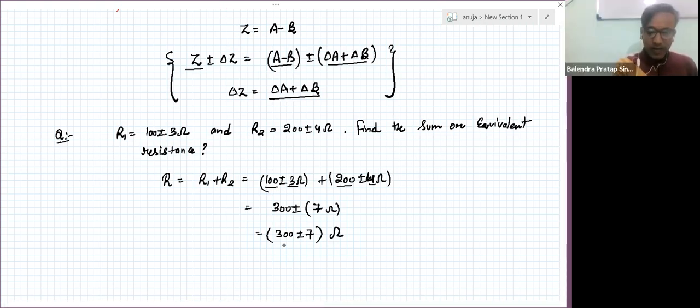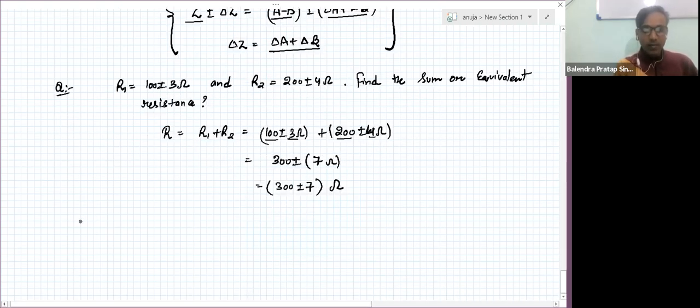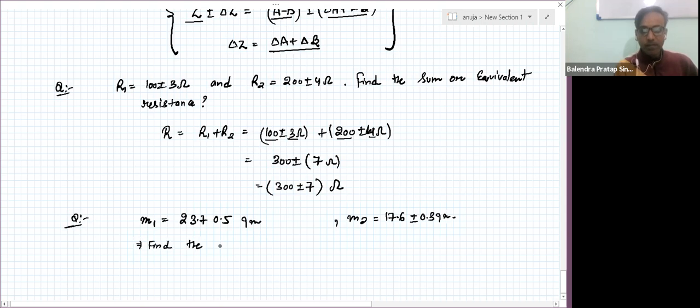Now one more problem. Another problem is mass. Suppose a body has mass m1 equal to 23.7 plus minus 0.5 gram. Another body has mass m2 equal to 17.6 plus minus 0.3 gram. Find the sum of their masses.